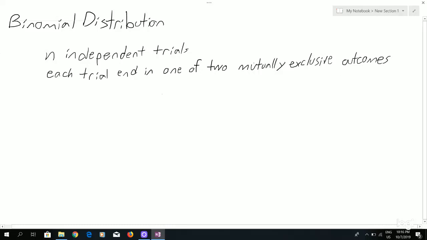So every single trial can only end in one of two ways, and it cannot end in both of those ways. So those two outcomes are mutually exclusive, right?